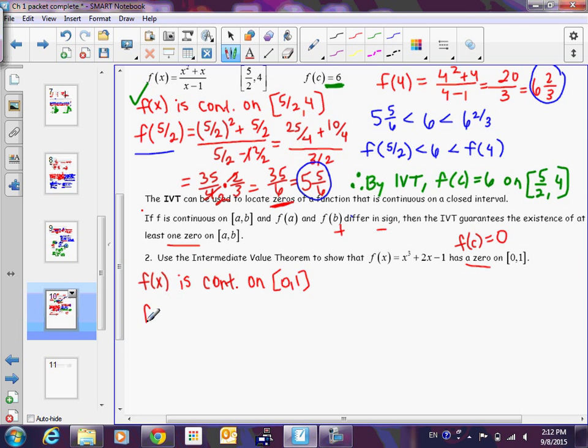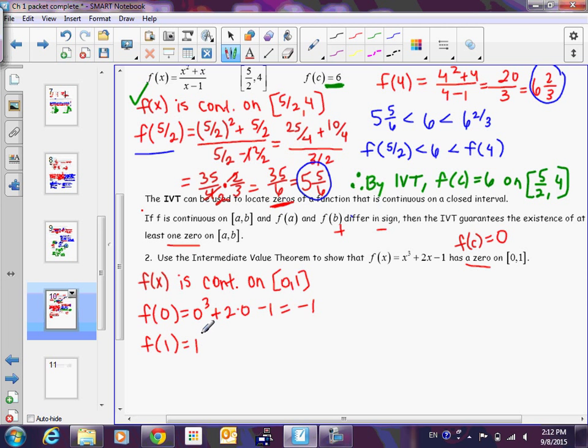Okay, the next thing we need to do is to find f of a and find f of b, and hopefully one of these is positive and one is negative, and so 0 will go in between. And again, this number crunching is easier to do. So 0 cubed plus 2 times 0 minus 1 is going to be just -1.